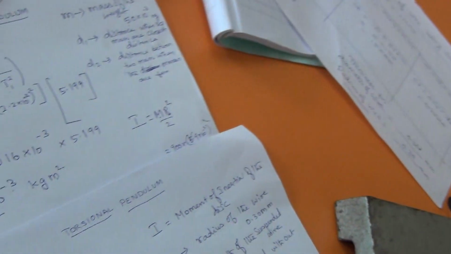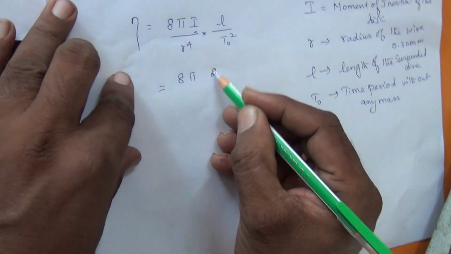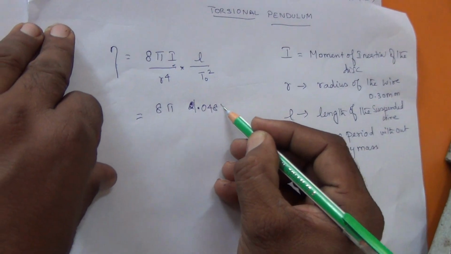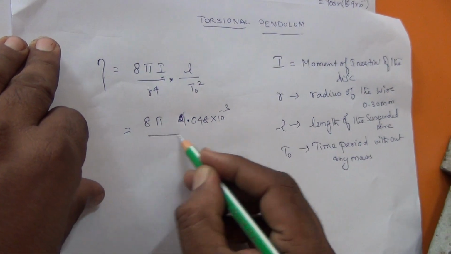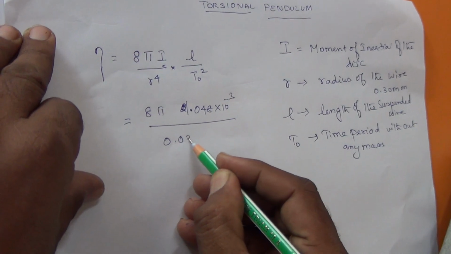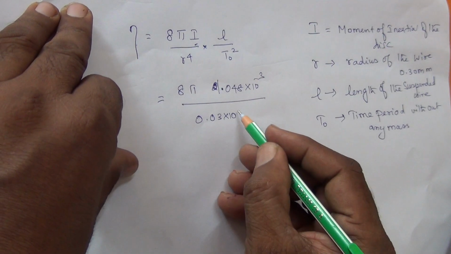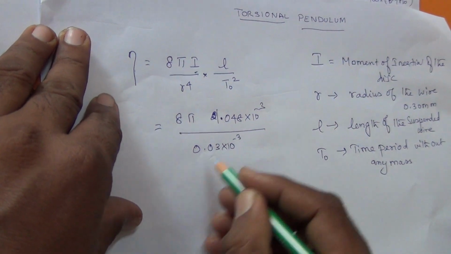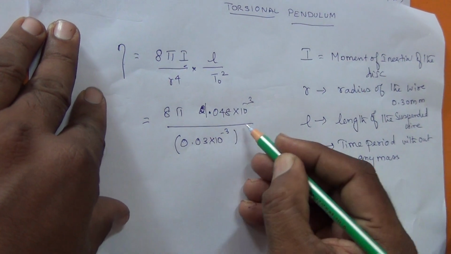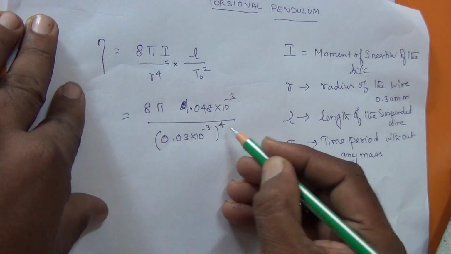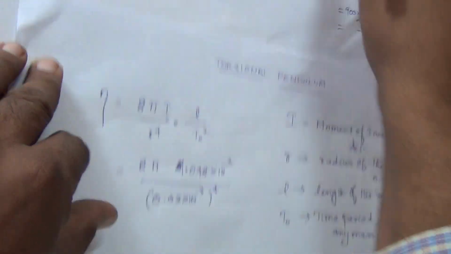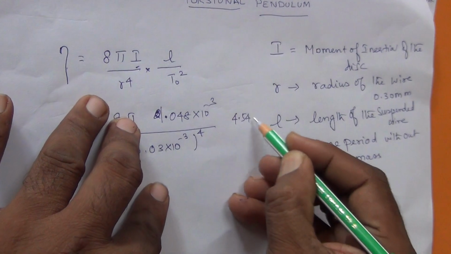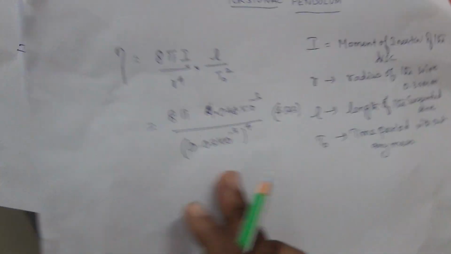So the value is 8 pi I divided by the radius, which is 0.03 into, it is in millimeter. Millimeter means if you want to convert into SI unit meter, you have to put 10 power minus 3, whole power 4, L by T naught square, which we already found out, it is 4.543. So we have all the values.